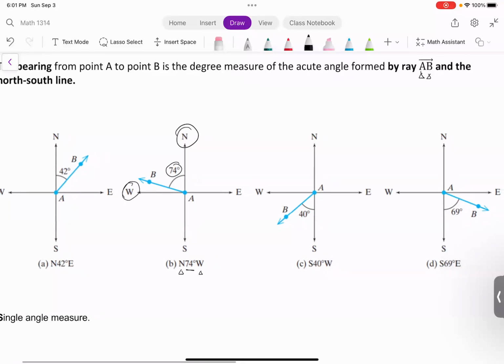Next one. You can pause the video and practice. From point A to point B, we have an acute angle between the ray and the north-south line. B is on the south part, so the first letter is S. The acute angle is 40 degrees, and B is on the west part, so put a W here.